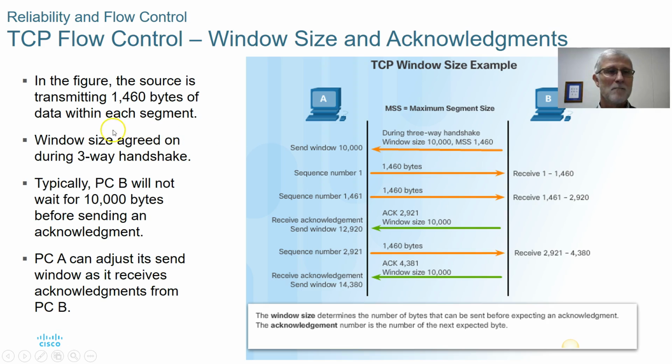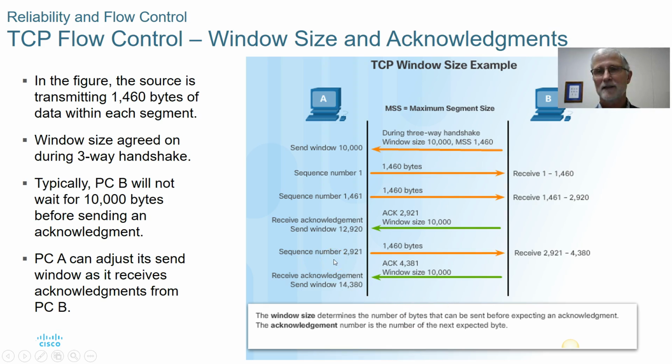But the window size says I've agreed that the window size is going to be 10,000. So before I acknowledge anything, I can send a bunch of packets and then only acknowledge when it gets to 10,000. So it's an easy way to minimize that overhead.